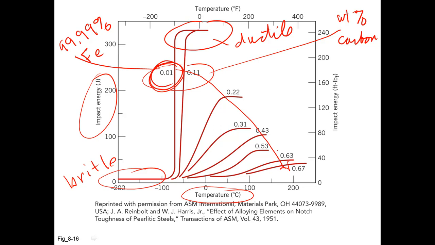But even with some of the higher carbon samples, at room temperature, for example, there's a dramatic change in some of them, and very dramatic with the ones that have the lowest percent carbon.